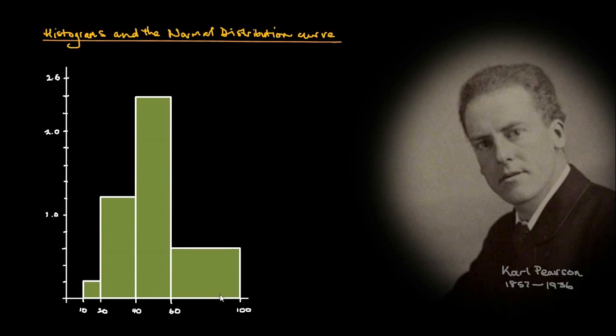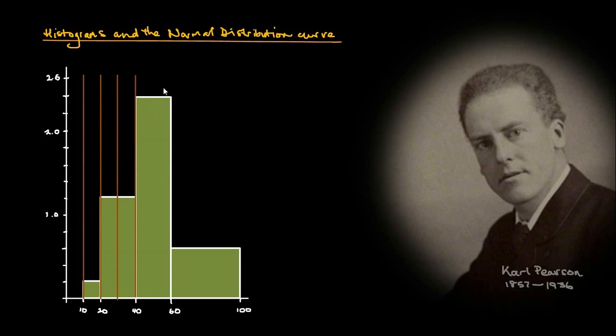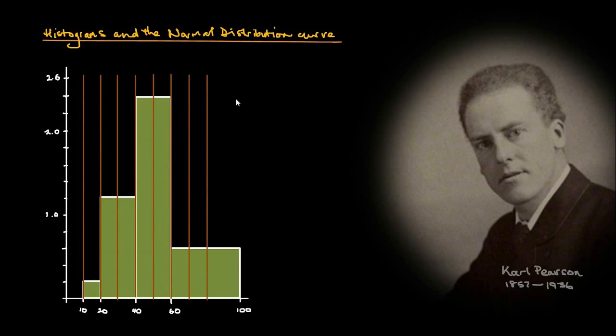We haven't got an equal number of bins. So what I need to do first is draw over the top where the bins would be for my normal distribution curve. So I'm going to start like that, drawing up some lines so you can see how many bins we would need to superimpose.